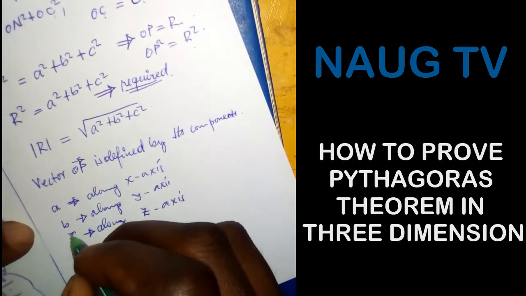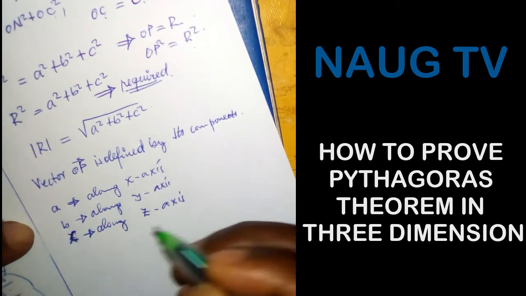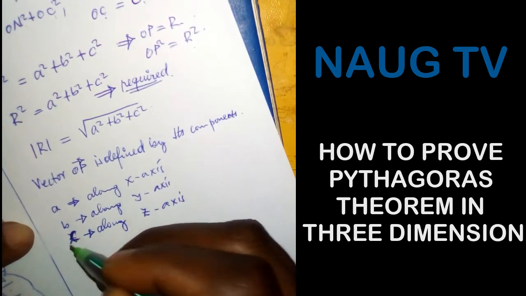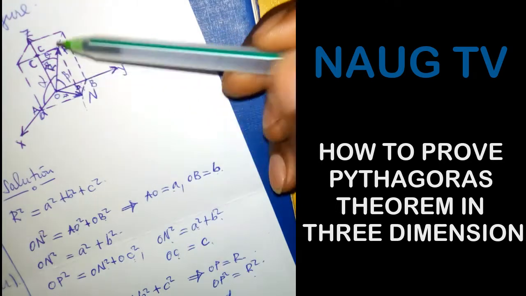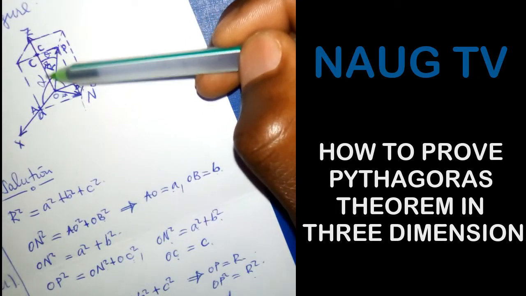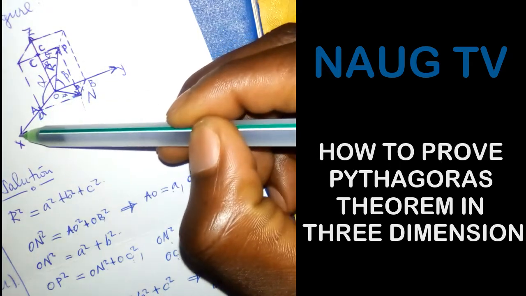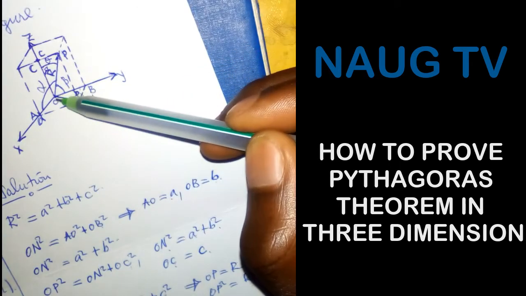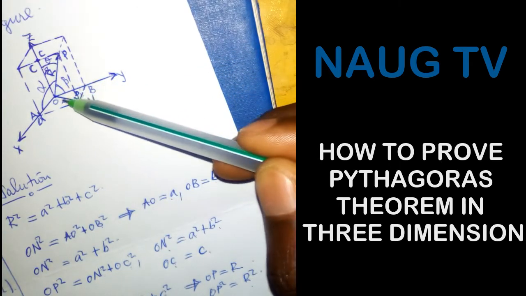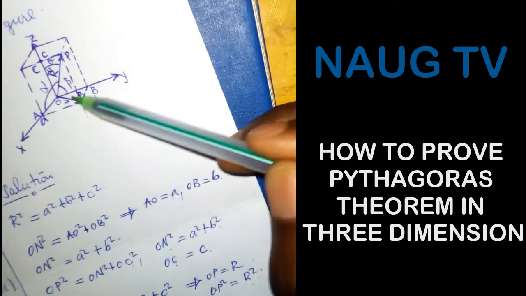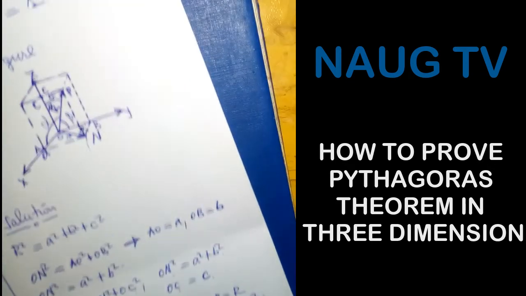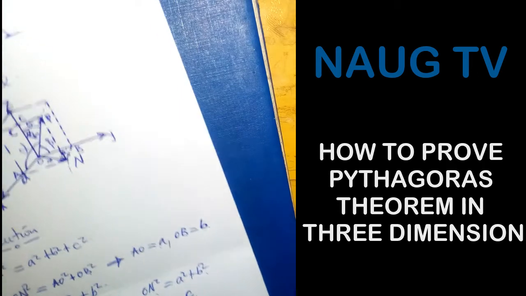Not Z, it is C. We have seen C here. C along the z-axis, component A along the x-axis, component B along the y-axis. Yeah, and that is right.